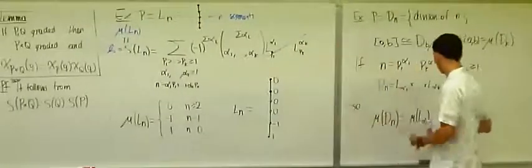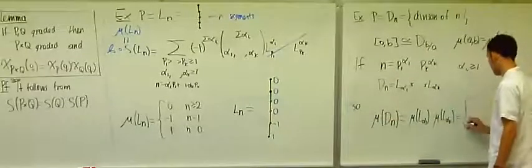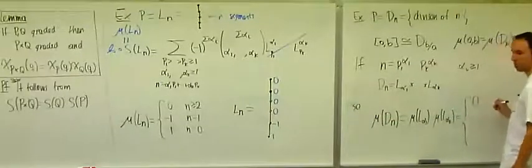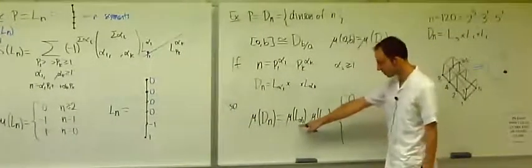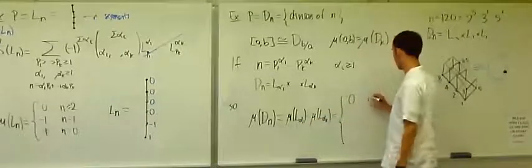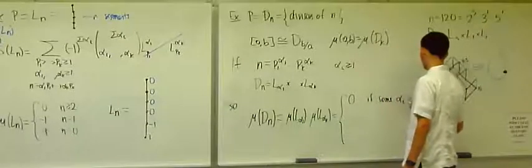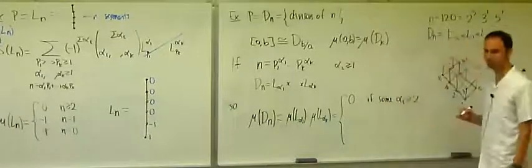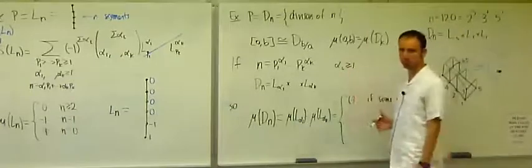Okay? And so what we're going to get is that this is going to equal 0, usually actually. Right? As soon as one of these alphas is 2 or bigger, it's done. If some alpha i is greater than or equal to 2, and minus 1 to the number of factors otherwise.